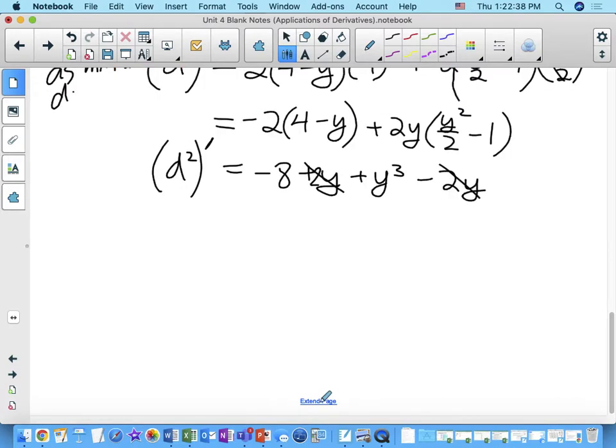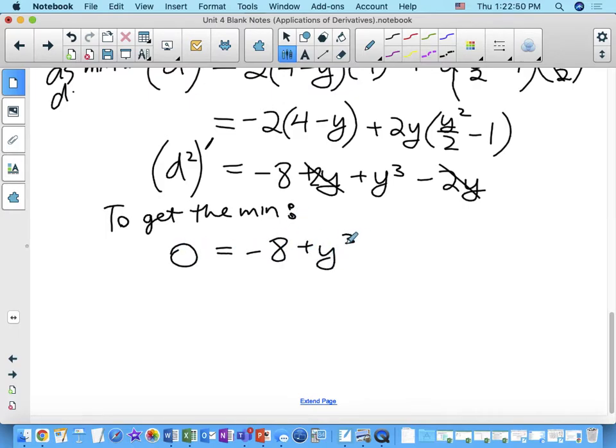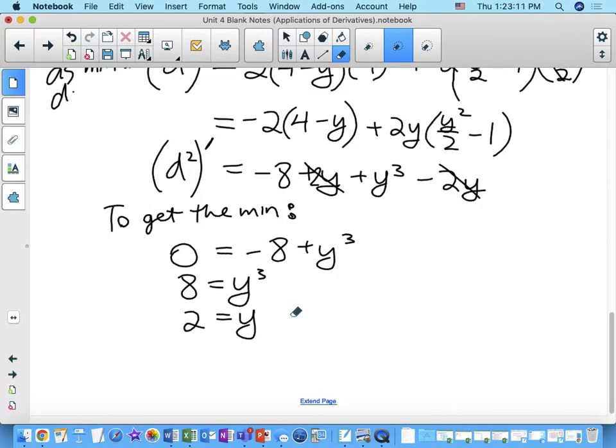To get the min, I'm going to make this 0, and I'll get 8 equals y cubed, which means if I take the cube root, oh wait a second, what am I doing? y equals 2. That's better.